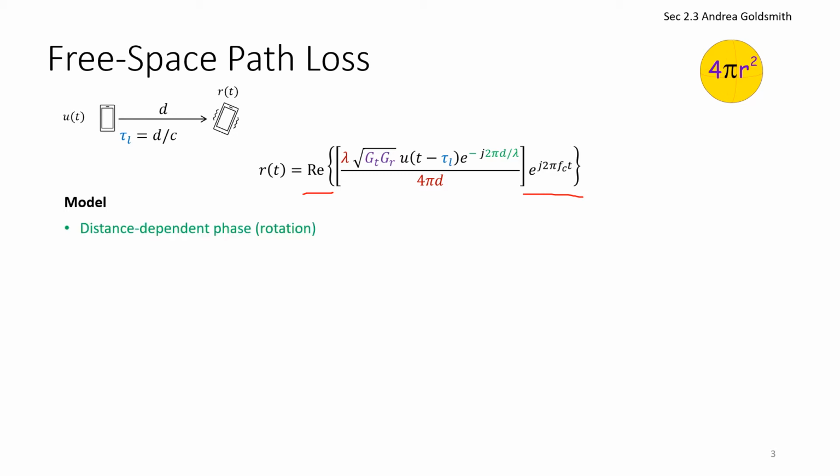Now there are different components here that we need to understand. There is a distance-dependent rotation or phase. I'm matching the colors here, by the way, to make your life easy. This phase is dependent on the distance, which physically makes a lot of sense. We also have a distance-dependent power decay, because the amplitude decays with distance.